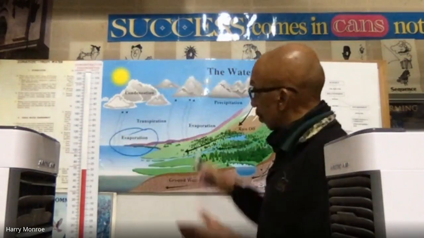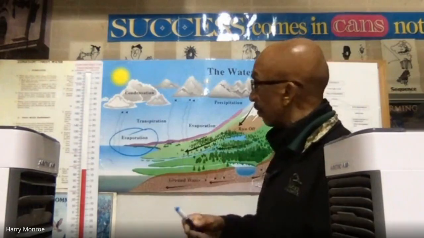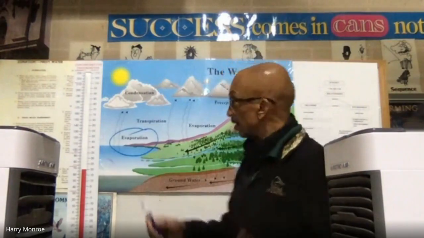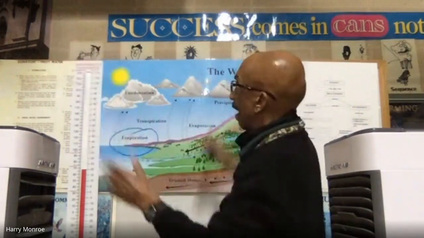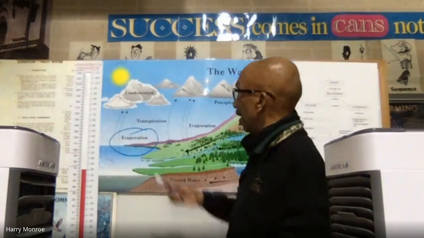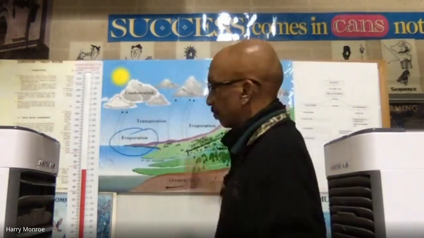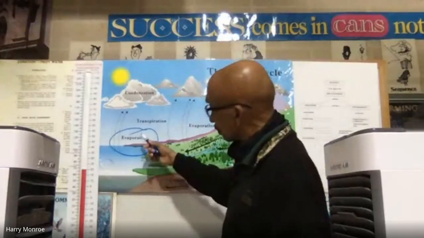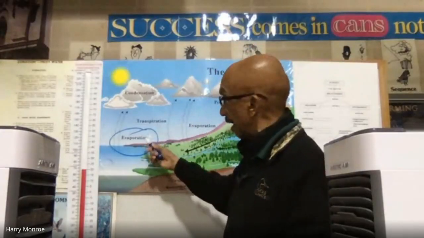Now, that is the liquid form of water changing into the gas form. Once it's in the gas form, then it's very light and it just goes everywhere. We call the gas form water vapor. It enters the air and the atmosphere, and then it goes through some other processes. This is the one that we're going to focus on today, because the process is called evaporative cooling, okay?